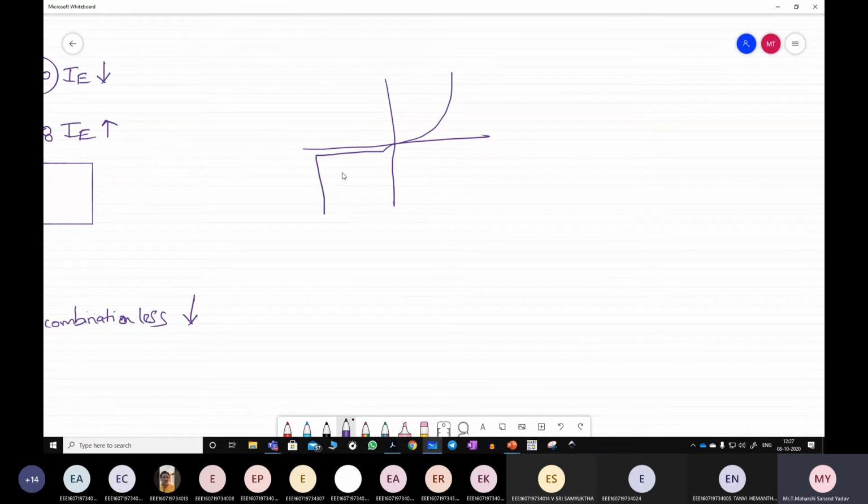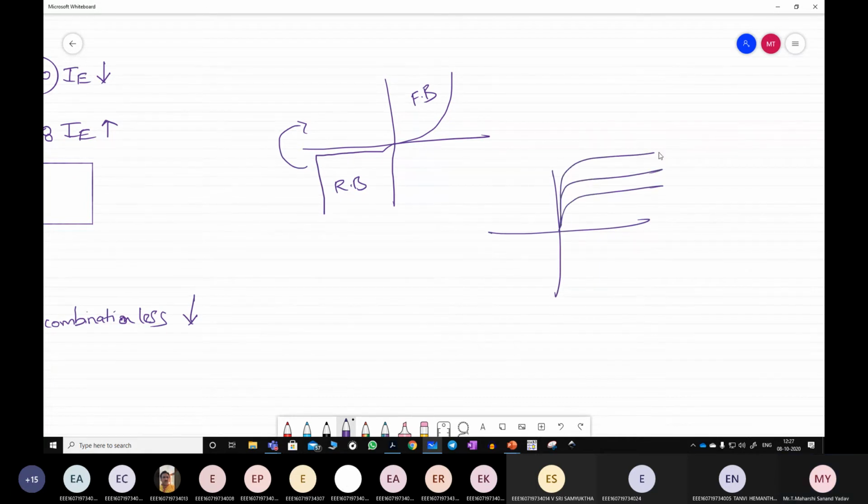Next, breakdown. This is reverse biased. This is forward biased. I've drawn the symmetrical diagram of it and folded it this way so that I got a graph like this. I'm trying to plot it in the first quadrant, that's why the graph is like this.